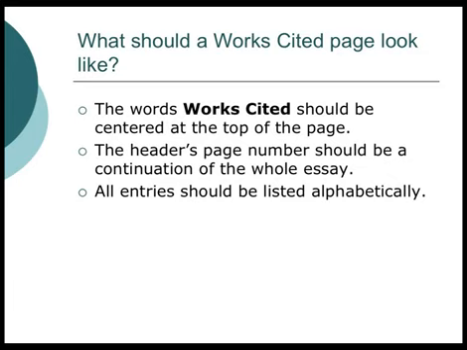Same thing if you were referencing the movie Napoleon Dynamite in your essay. Because Napoleon Dynamite is a film, the reader would then be looking for that title as the first thing that would come on that reference page. So it's important that they're listed alphabetically according to the first word of the entry so that your reader can easily find them.